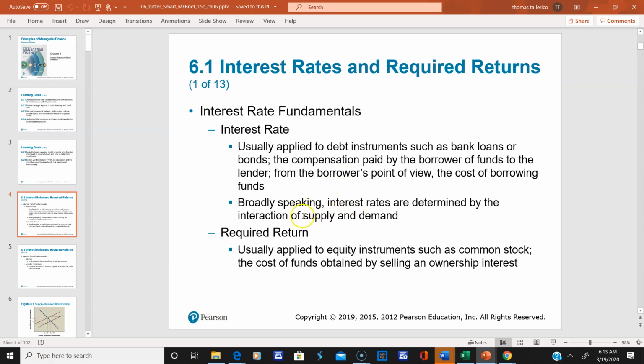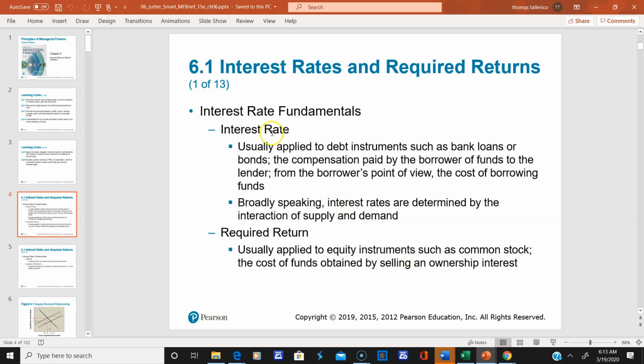And interest rates are determined by supply and demand. So right now, basically interest rates have been dropped to 0, because they're trying to increase the supply of money. Banks are in trouble and companies are in trouble, and they want to keep the economy going.